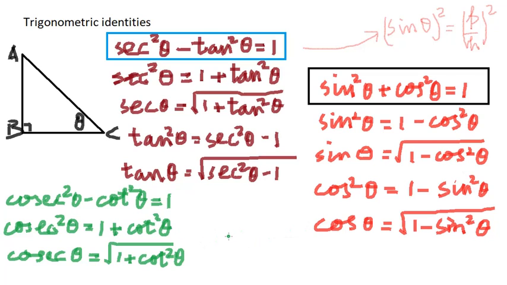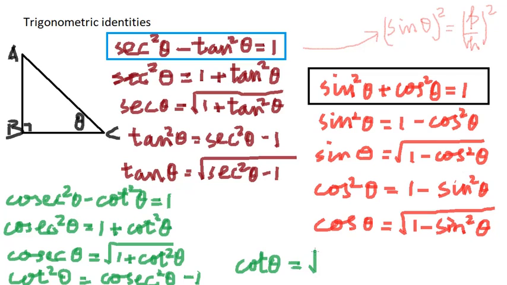Okay, and two more we have, that is if we keep the cot squared theta on the left hand side and we take the cosec squared theta to the right hand side, we will have cot squared theta equal to cosec squared theta minus 1, and if we want to remove this square from here, we will have cot theta equal to root of cosec squared theta minus 1.